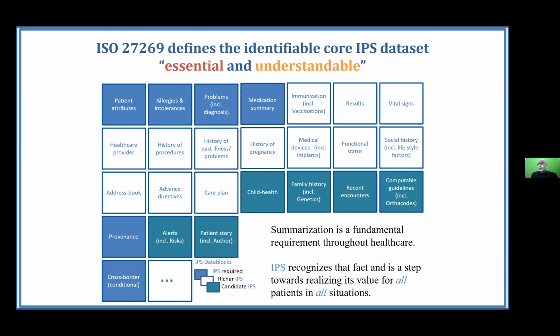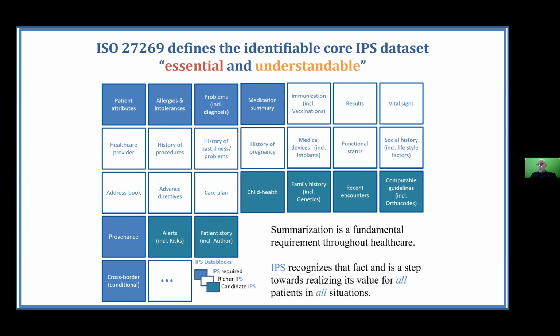So if we look at rare disease and child health, 50 to 70% of all rare disease sufferers are children. If we look at family history, then genetics is a very strong component in all these rare diseases. For recent encounters, the patient's disease is likely to be the reason why the attendance is happening.